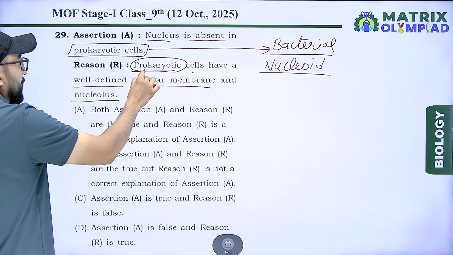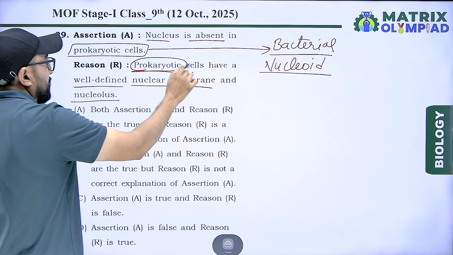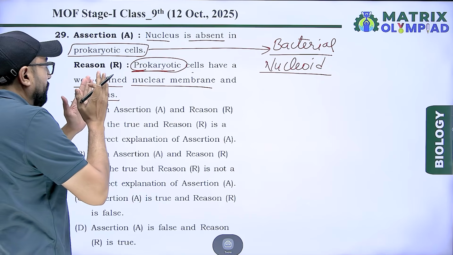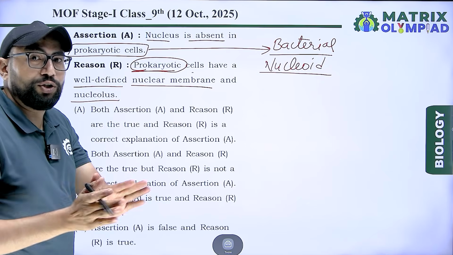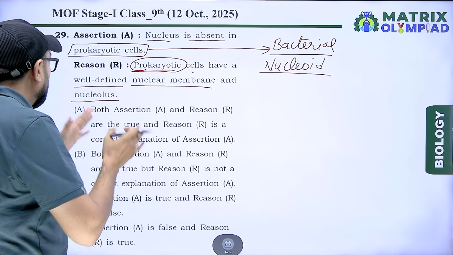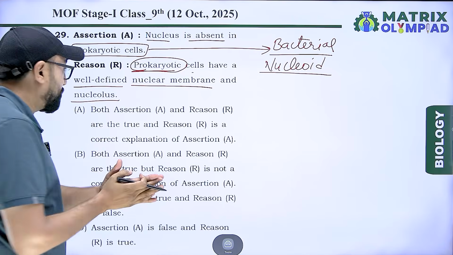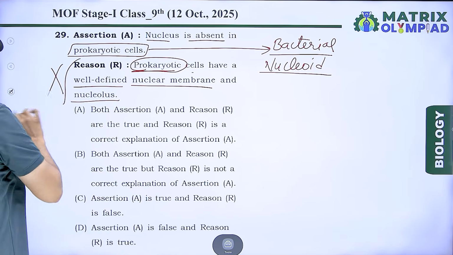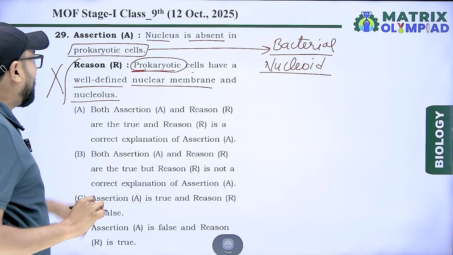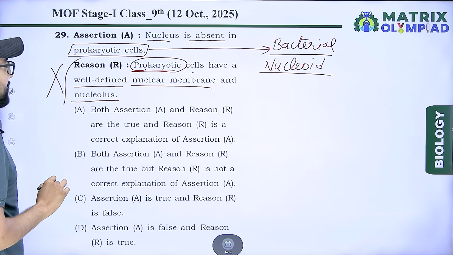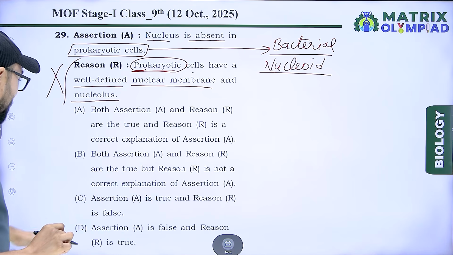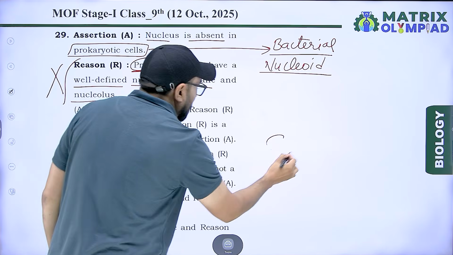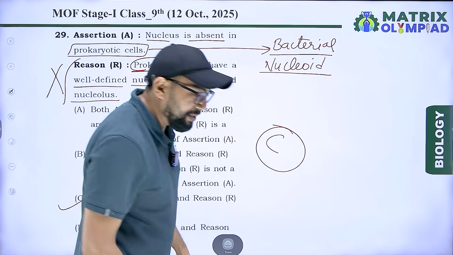But in prokaryotic cells, the well-defined nucleus, nuclear membrane, and nucleolus are absent. So the reason is wrong and the assertion is right. Assertion is true and reason is false. Option C is correct for this question.